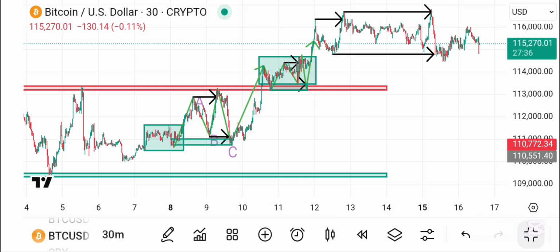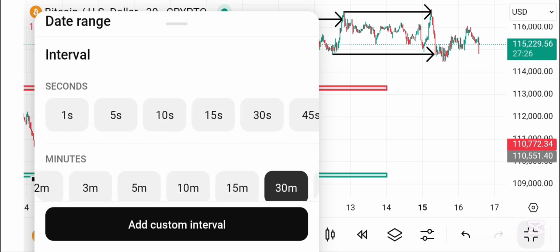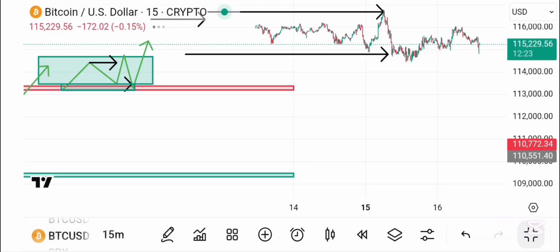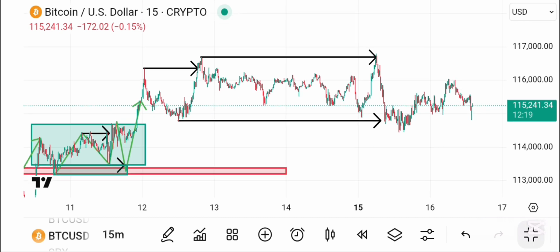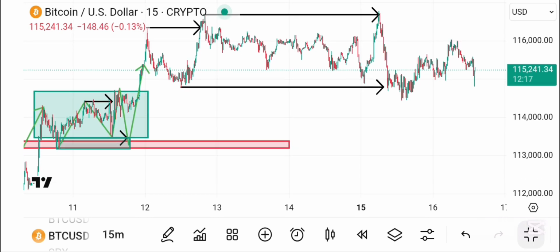And right now, we'll be talking about how demand and supply zones work. Going to the lower time frame, so we can see a clear picture of what's happening right now in the market.